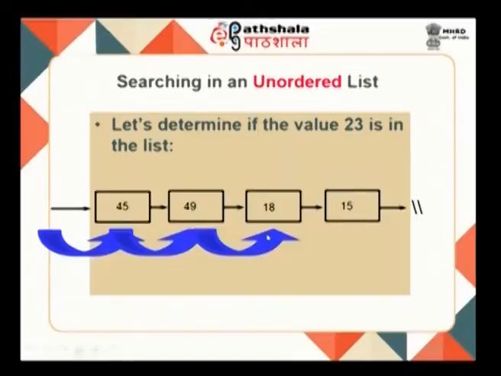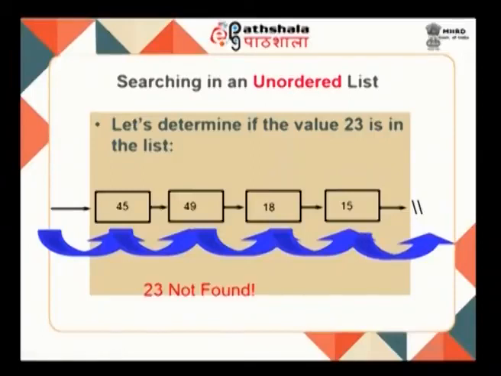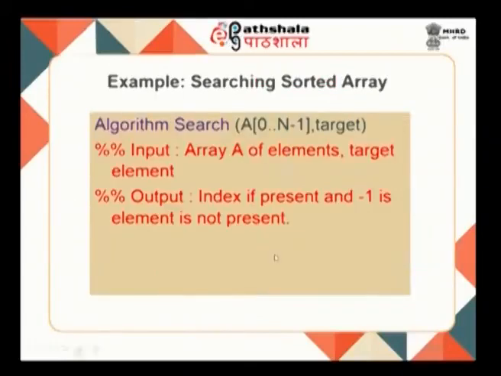Again, 23 is not available, so I progress further. Now we have come to the end of the list. Therefore, we say that 23 is not found. This kind of algorithm is what we call the sequential search algorithm or linear search algorithm.